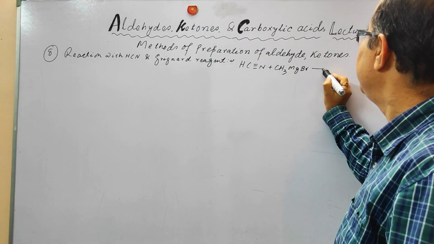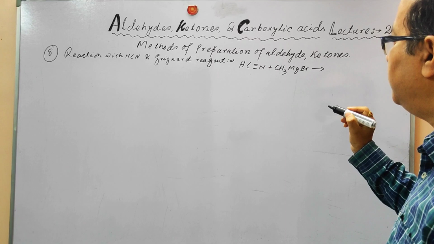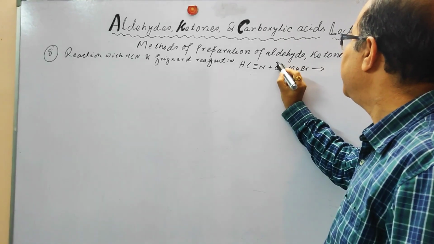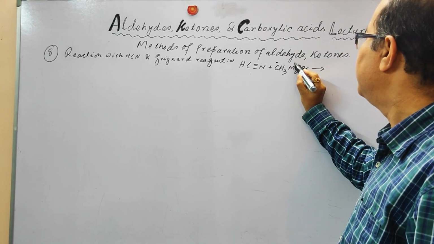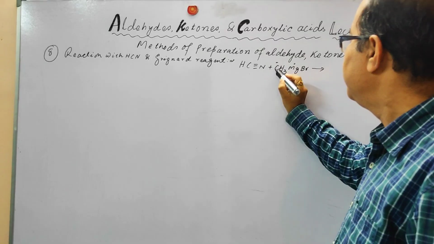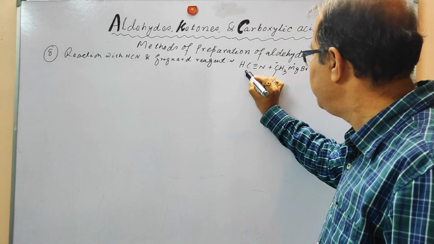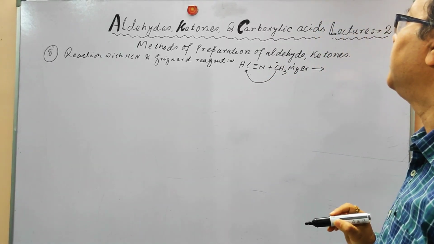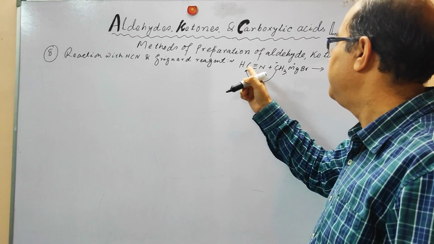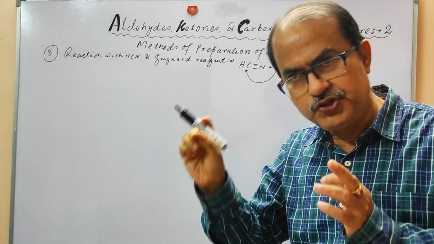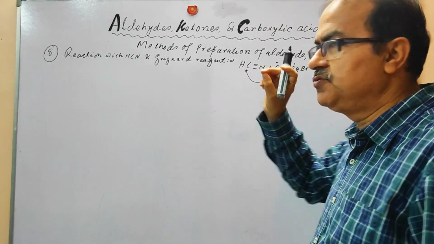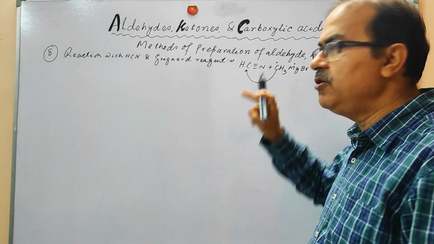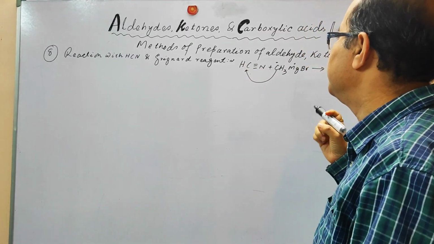Now we know this Grignard reagent is basically a minus charge on carbon and a plus charge on magnesium. Then this minus part will be joined to this carbon atom of the CN group because it is positively charged, because of the higher electronegativity of nitrogen, which takes the bonded electrons towards itself.